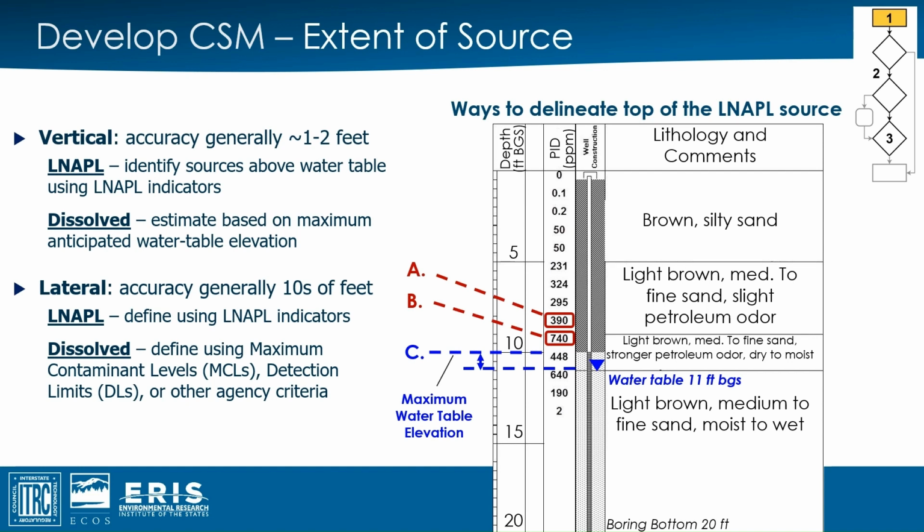In general, the vertical extent of a petroleum vapor source in soil or groundwater can be estimated to within a foot or two. As noted previously, ITRC recommends identifying where LNAPL is present based on invoking multiple lines of evidence and the LNAPL indicator criteria. PID readings greater than 500 ppm are one such criterion.